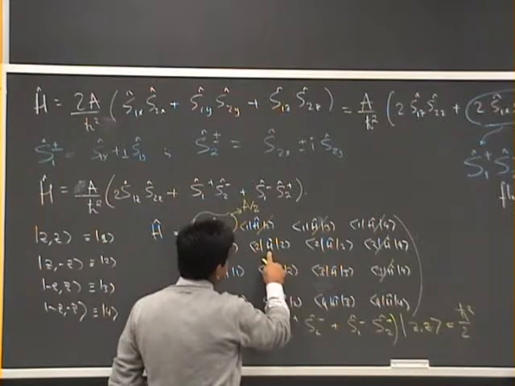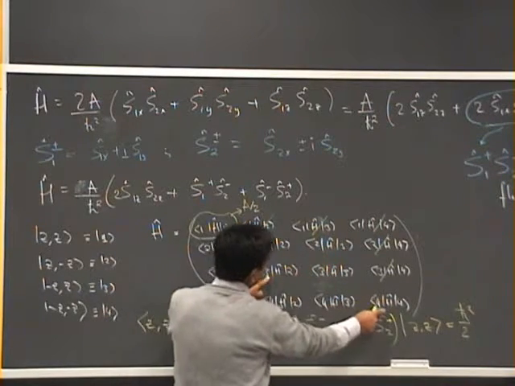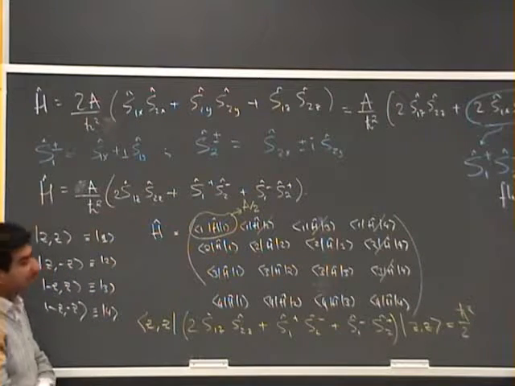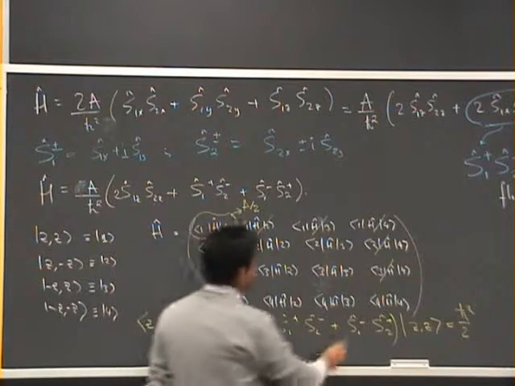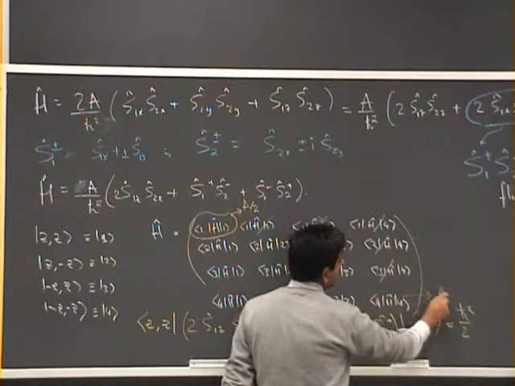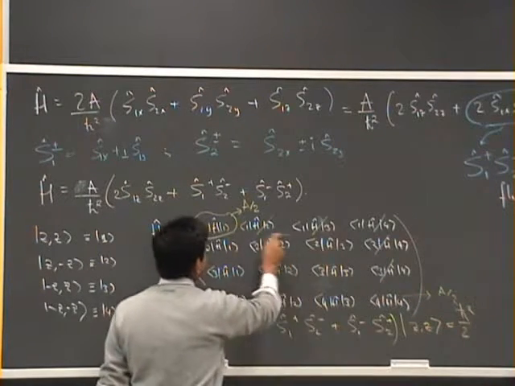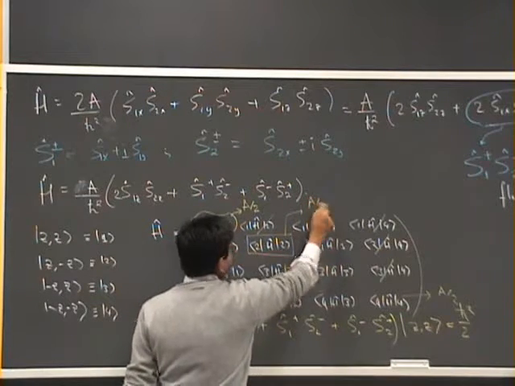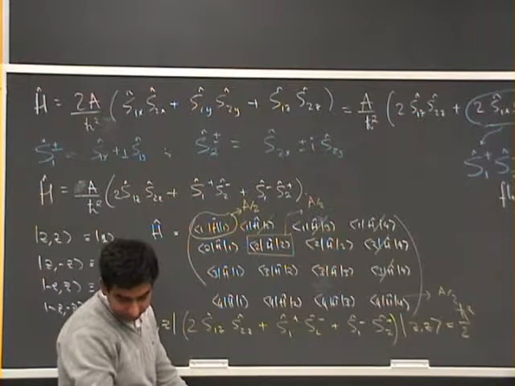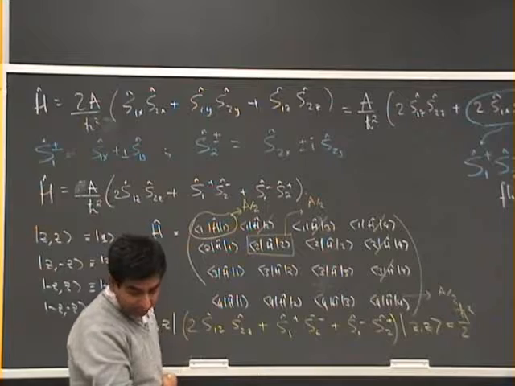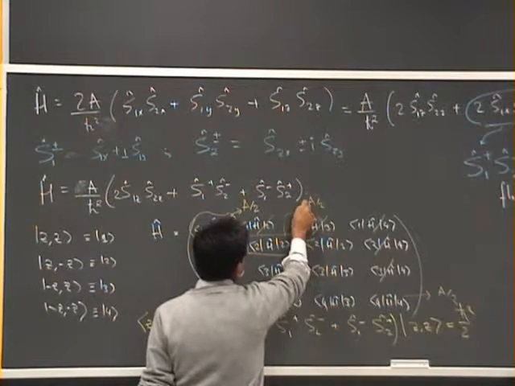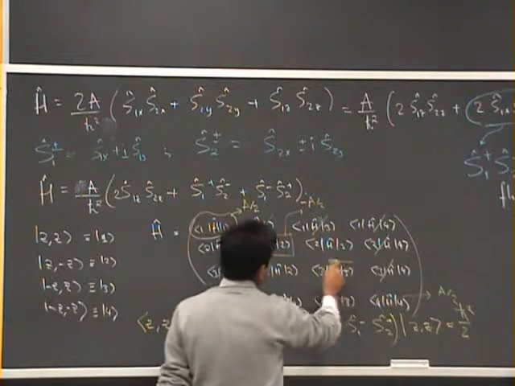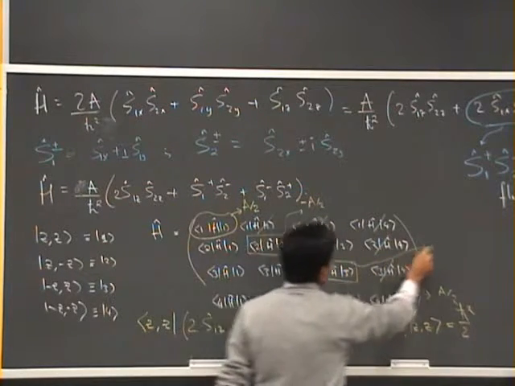These terms will be non-zero, and so will this. So this term is also a by 2. Sorry, this is minus a by 2. This is also minus a by 2.